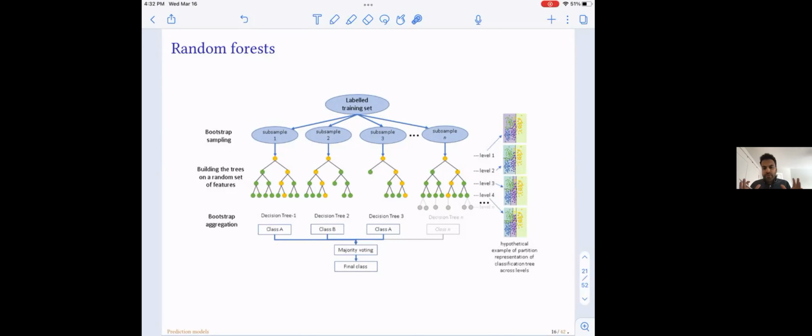Once you've come up with a tree for each of the different bootstrap samples, you come up with a classification or a prediction from each tree. So in this example, tree 1 says class A, tree 2 says class B, and so on and so forth. Then you end up with a majority vote. You take the class which was voted the most, and that's how you predict whether this patient goes into class A or class B.